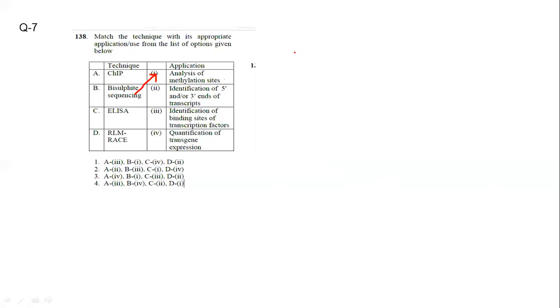First option, ChIP. ChIP stands for chromatin immunoprecipitation.